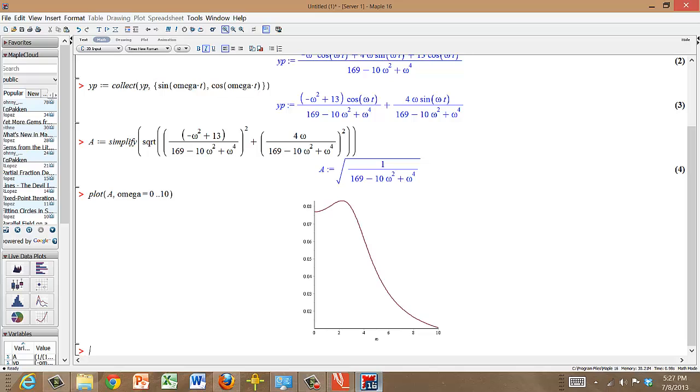So if I try that, just a little hint, you probably want to simplify that. I want the derivative of A with respect to omega. I'd like that to be 0, and I'd like to solve that for omega.